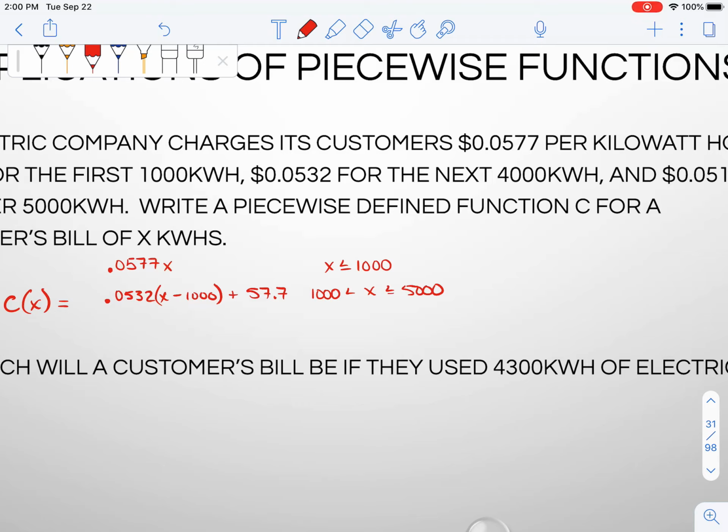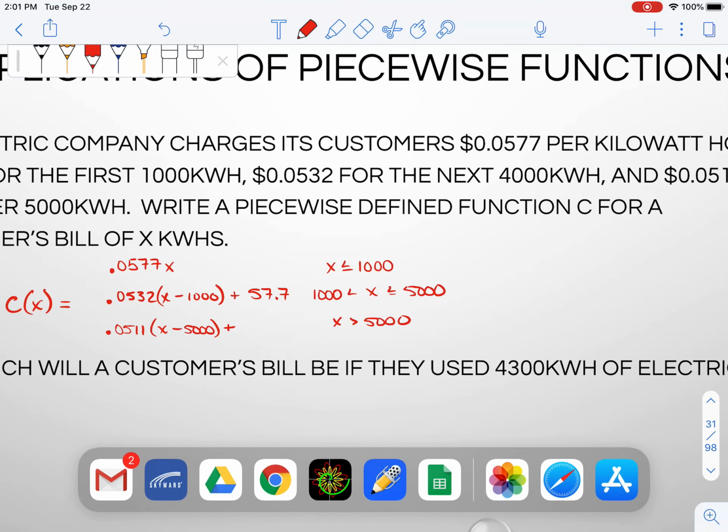For my next interval, right, my new rate, anything exceeding 5,000, so X greater than 5,000 kilowatt hours, is going to be billed at 0.0511 times X minus the first 5,000 that I would have already paid for in this previous interval at its maximum. So again, I need to find the starting point for this top interval, and I'm going to evaluate that at the maximum value here.